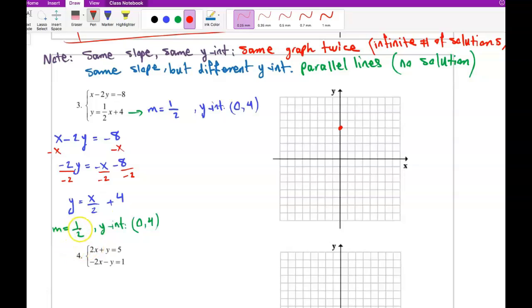And here slope is positive 1, positive 2. Now graph this, connect these 2 points, and same thing for the second equation.